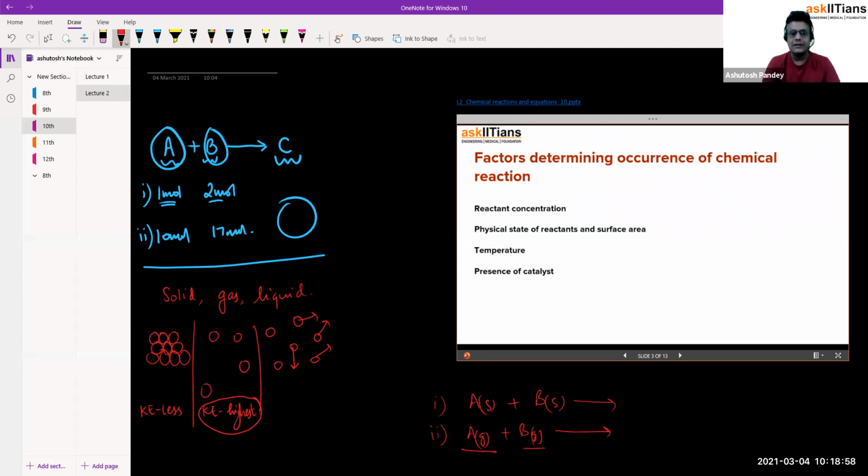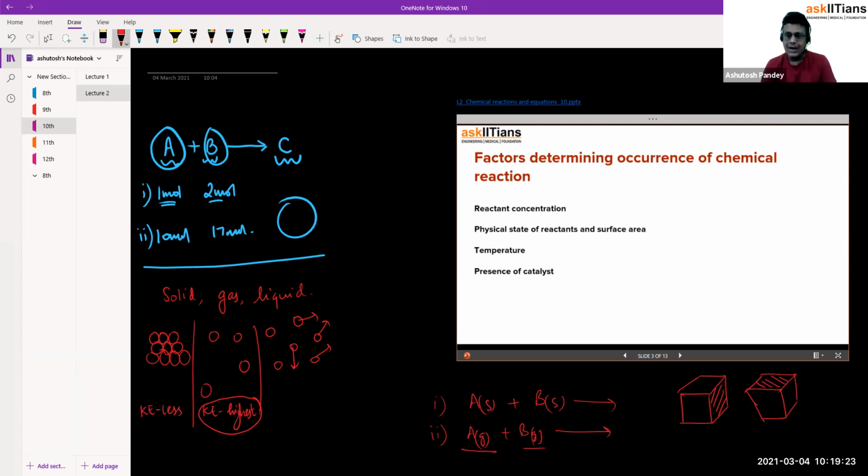Let's take one example. Let's say there is one reactant, and there is another reactant like this. So this is the surface area, and this is the surface area of B, which are going to interact with each other.